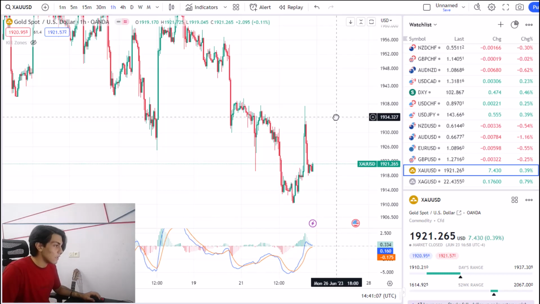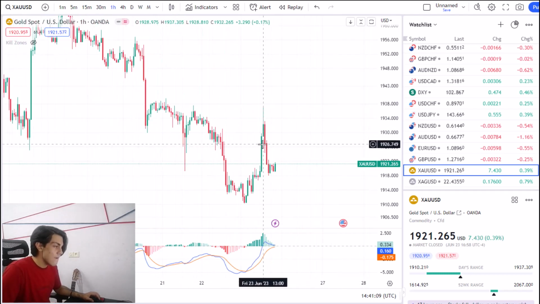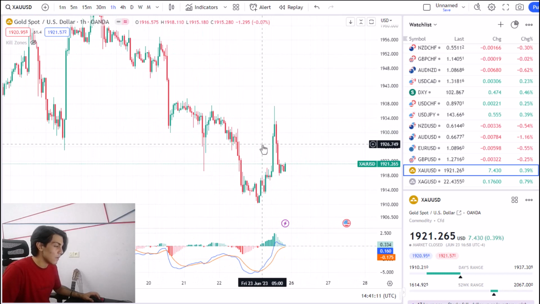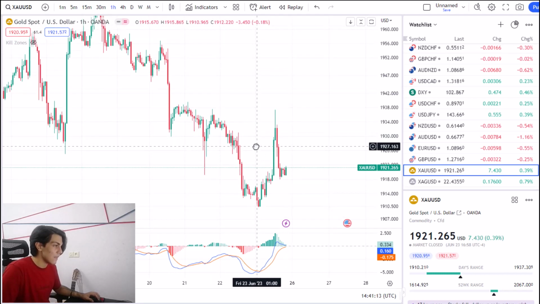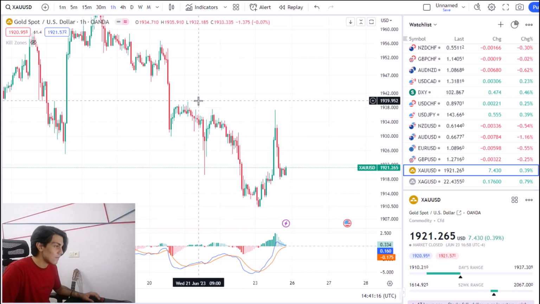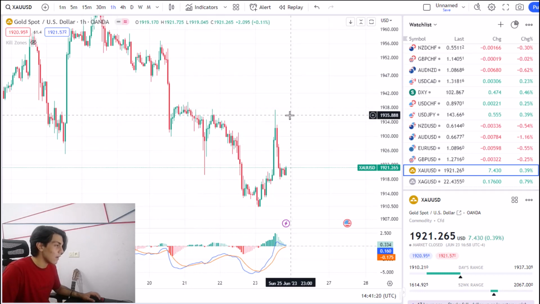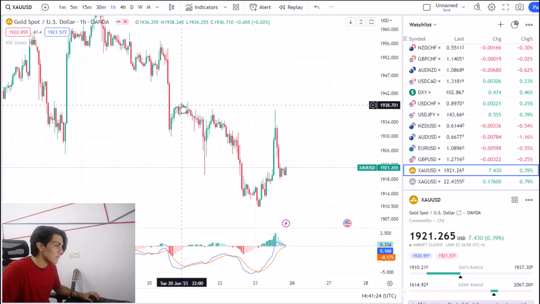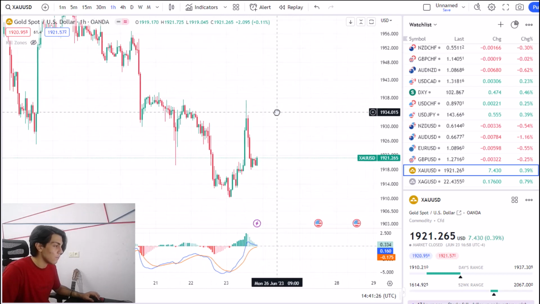And what I currently can understand from this is that it is continuously forming equal highs and leaving a lot of liquidity above them as well.